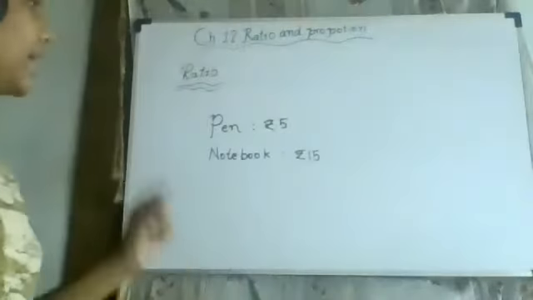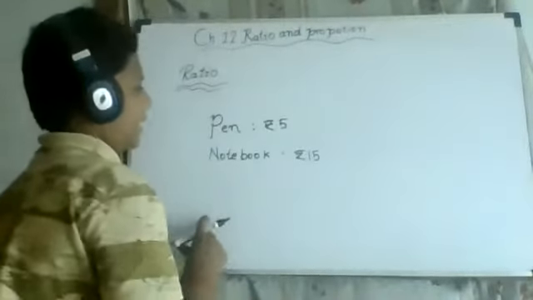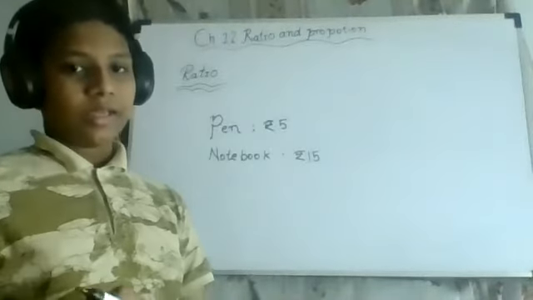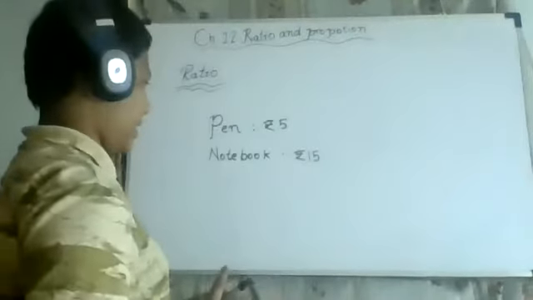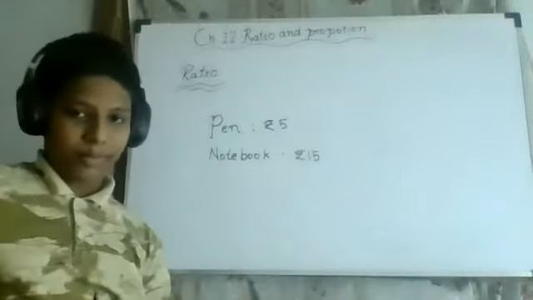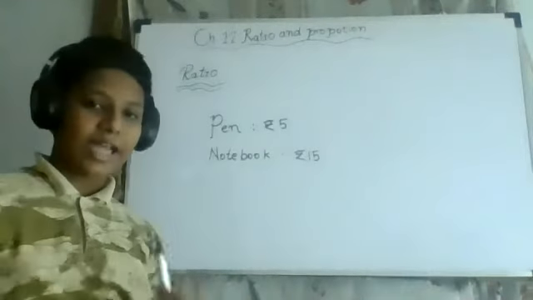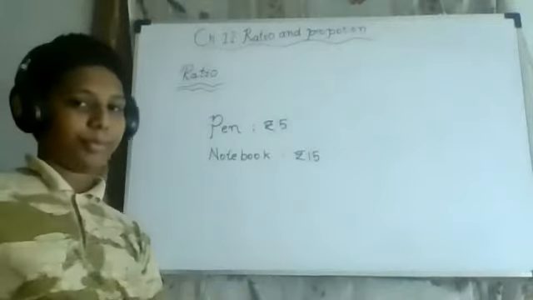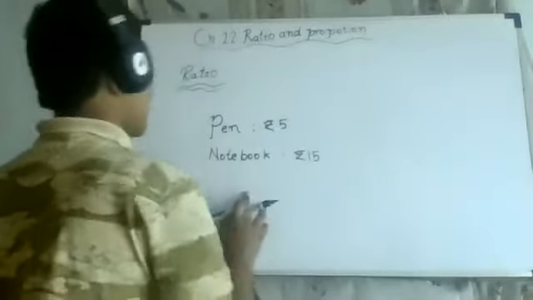So how many times the cost of a pen is the cost of a notebook? The cost of a pen is ₹5 and the cost of a notebook is ₹15. How many times is the cost of a pen that of a notebook?